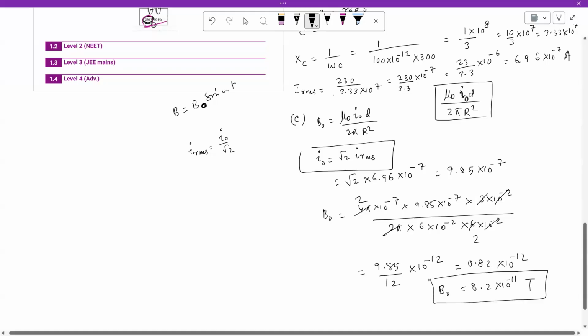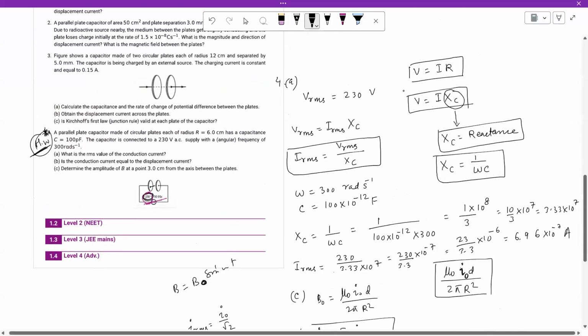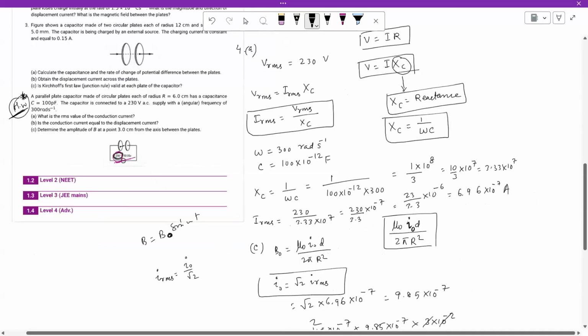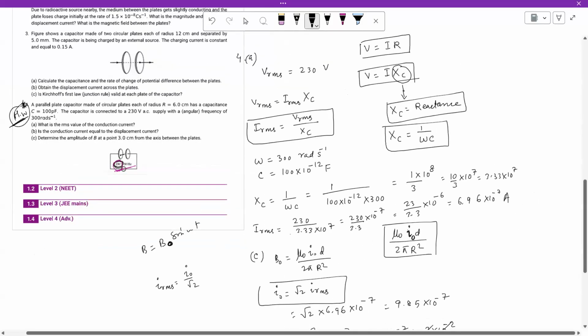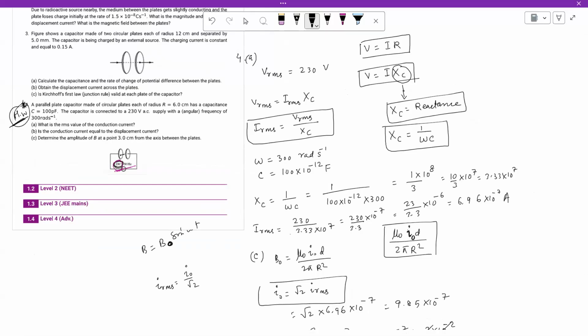Clear? Yes, sir. Okay, please note this one down. Then we continue the electromagnetic wave part. I just need to note the last part. Oh, the last part only. Okay, so please note that one.